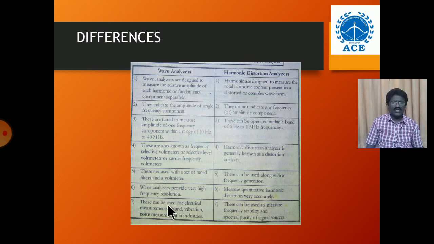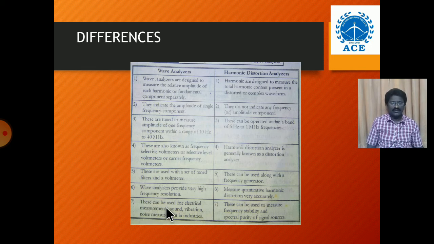So now the last point. In wave analyzer, this can be used for electrical measurements, sound, vibration, noise measurement in industries. So actually these are the uses of the wave analyzer.